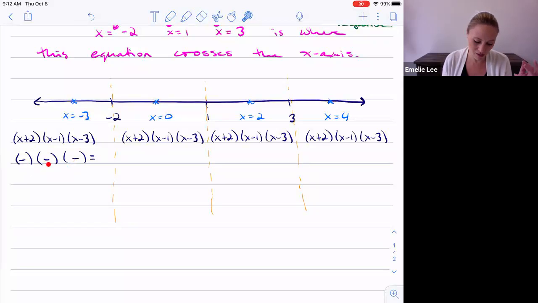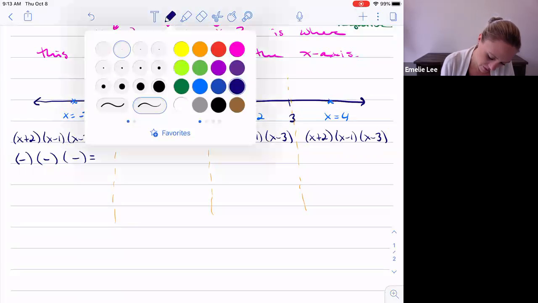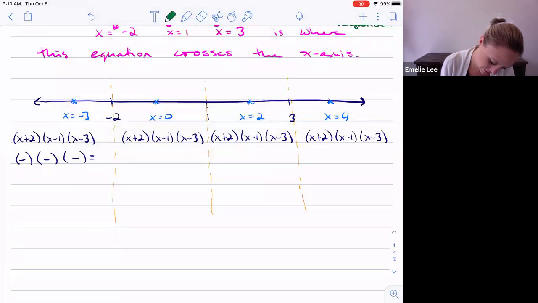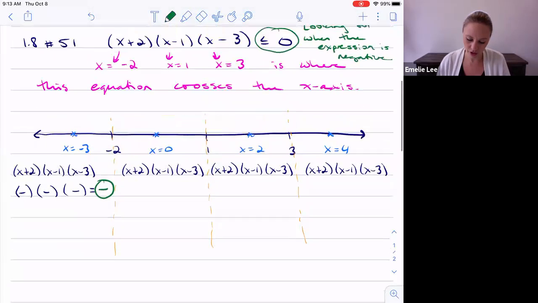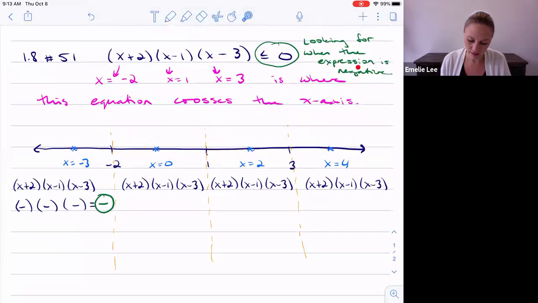Negative times a negative makes a positive. And last day we only saw 2 things, but we could just as easily have 3, 4, 5. It just gives us more check-in points. So negative times a negative times a negative gives me a negative value, which is what I'm looking for.